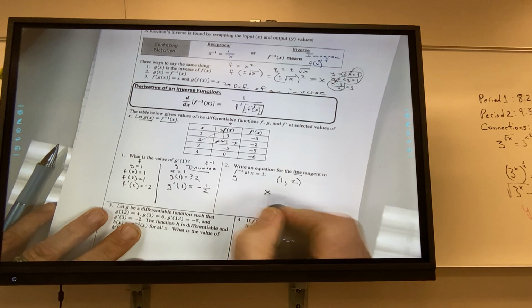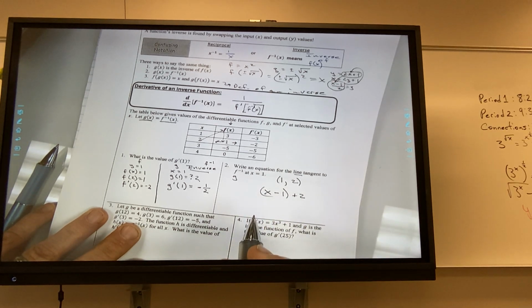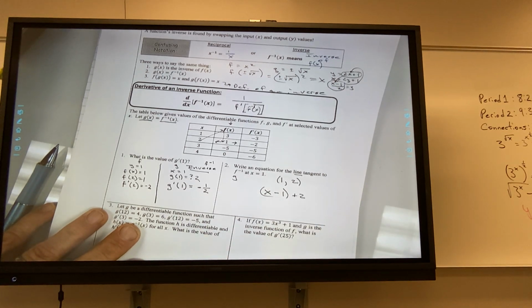So right now I know I got x minus 1 plus 2, and I need the slope at 1. Do I have the slope at 1? Yeah, is it -3? No. It's right here.